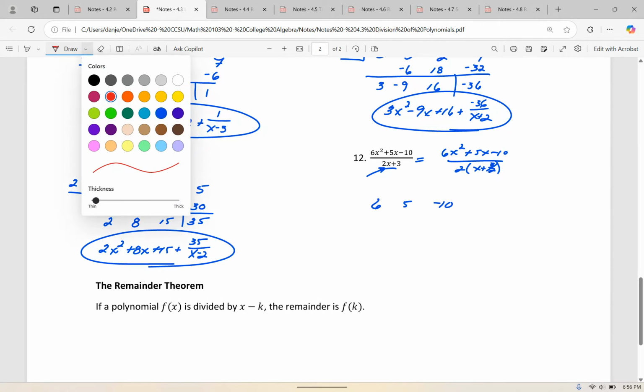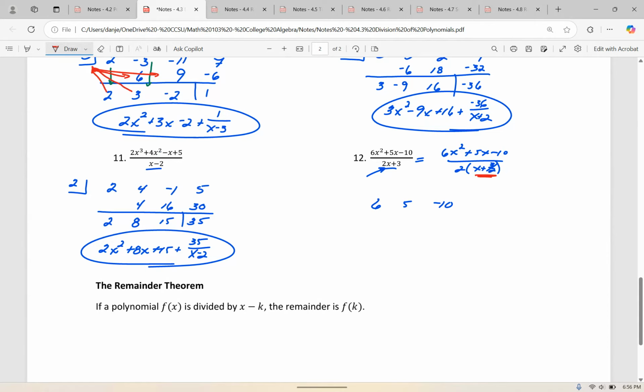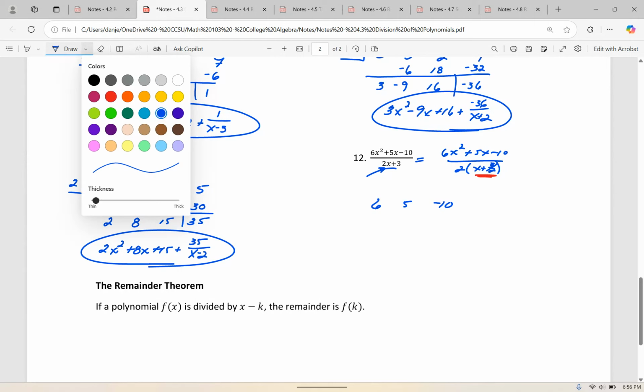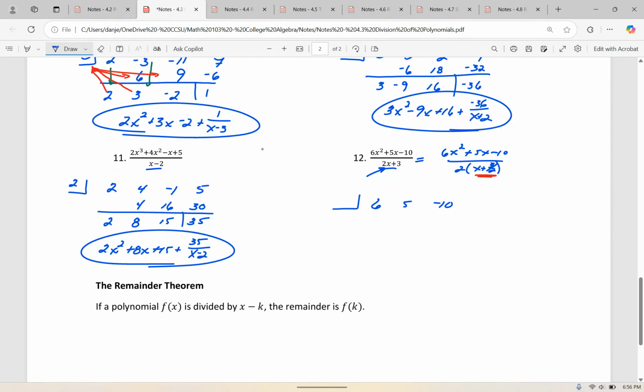First, I'm going to divide by the x plus 3 halves. So what's going to go in this box is the negative 3 halves. 6 comes down. 6 times negative 3 halves is a negative 9. 5 minus 9 is a negative 4. Negative 4 times the negative 3 halves is 6. Negative 10 plus 6 is negative 4.